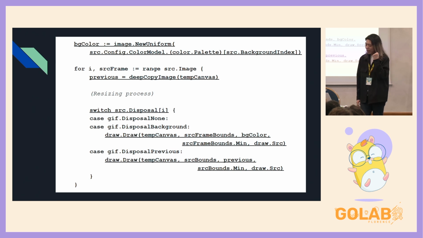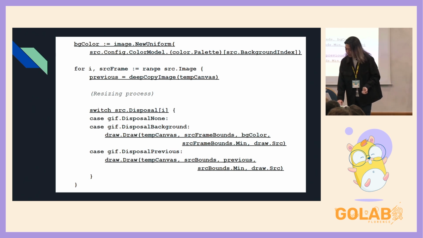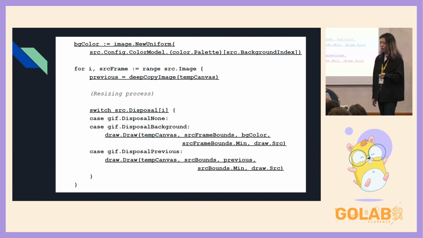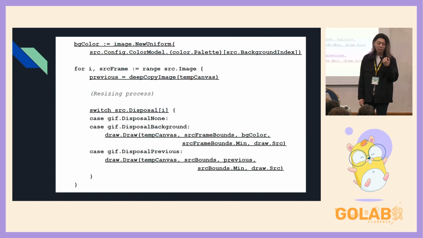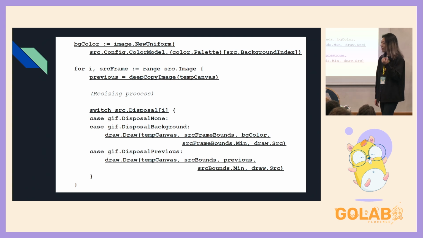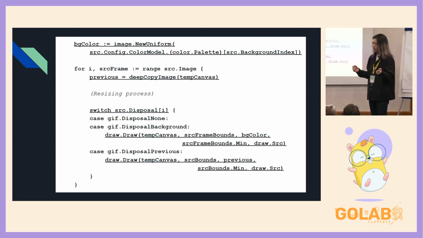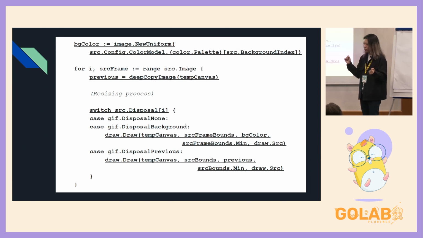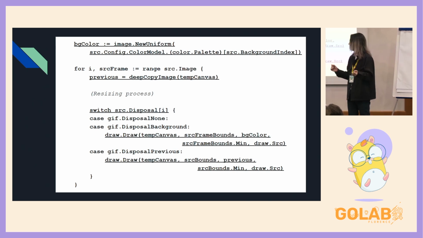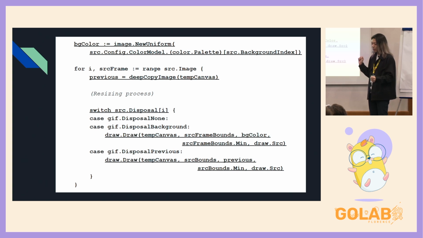Then, after the resizing, use a switch statement to handle disposal based on the frame's disposal method. When the disposal method is none, do nothing. And when the disposal method is background, replace the source frame area with a background color image on the temp canvas using the draw function and the draw source operator here. This will fill the frame with a background color.